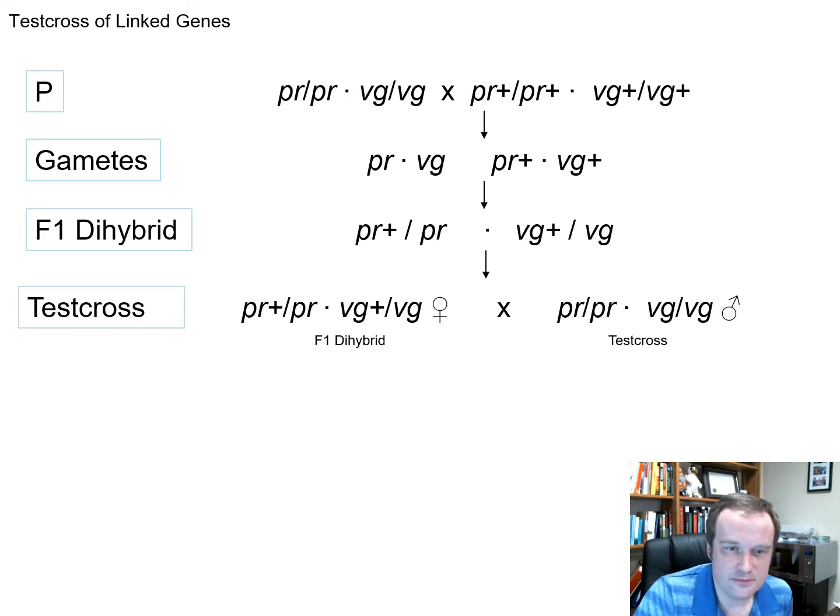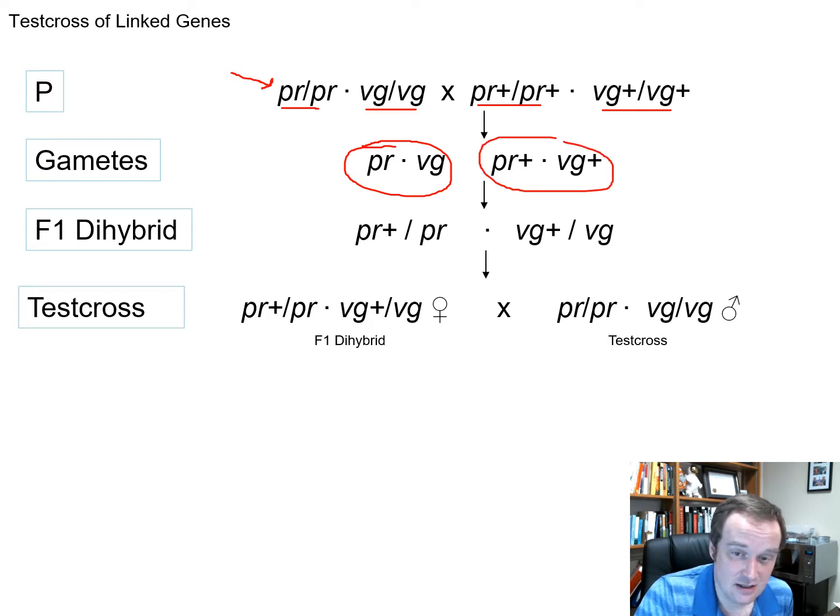Okay, so let's look at setting up this test cross. Here we have an individual that has the mutant type, PR, PR, VG, VG. And then we have an individual that has the wild type, PR plus and VG plus, and they are homozygous for those. They create gametes that are the mutant or recessive and the dominant or wild type.